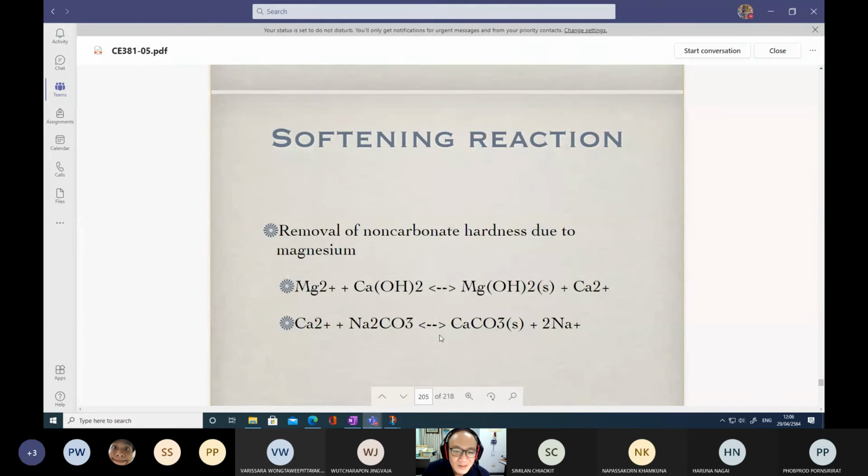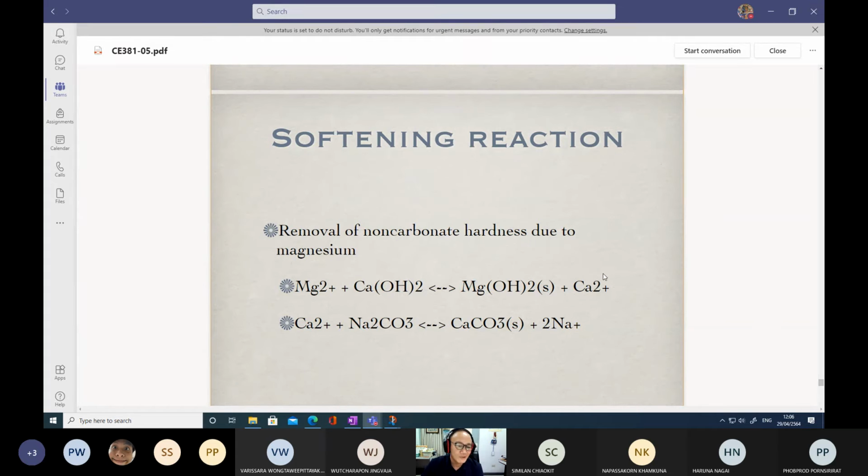And the magnesium is always the problem. 1 mole of magnesium non-carbonate hardness due to the magnesium requires 1 mole of lime to precipitate the magnesium, and then, just like the ion exchange, the magnesium interacts with the hydroxides and becomes magnesium hydroxide. But addition of lime is not enough, because if we do it like this, calcium just gets into the water, and this is still hardness.